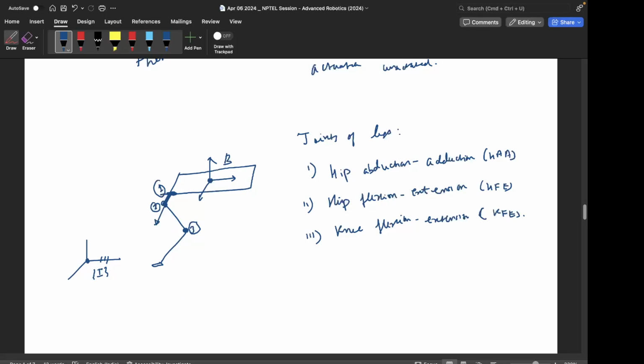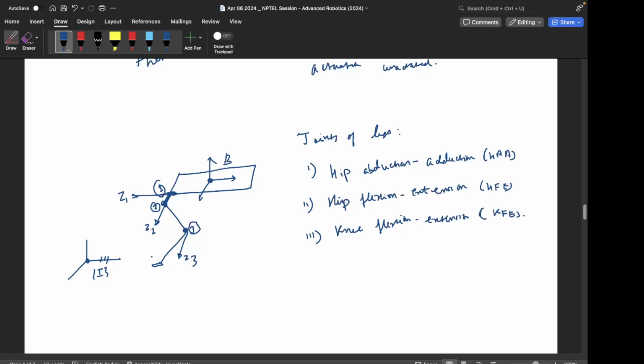For each joint you can assign frames like the Z axis along the joint. So this is Z1, Z2, Z3, then the X axis along the link length, similar to what we have done for manipulators.